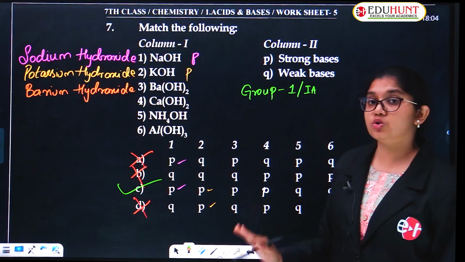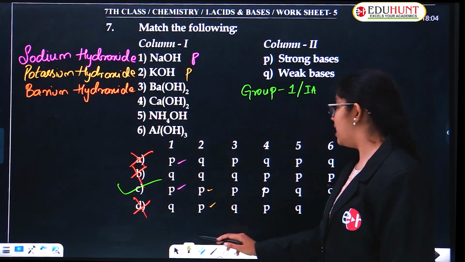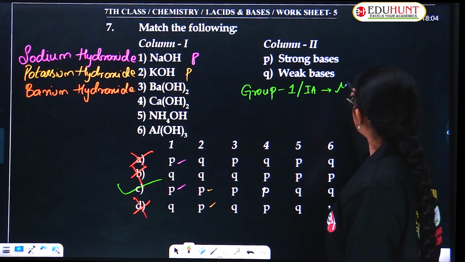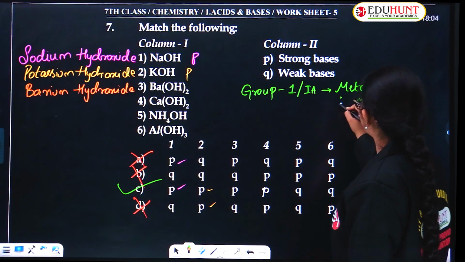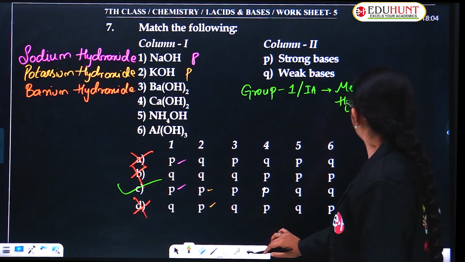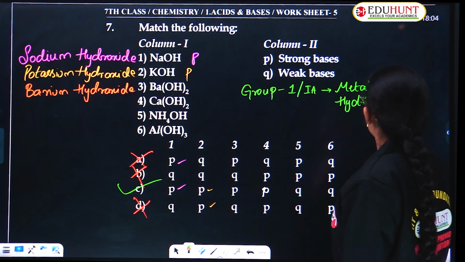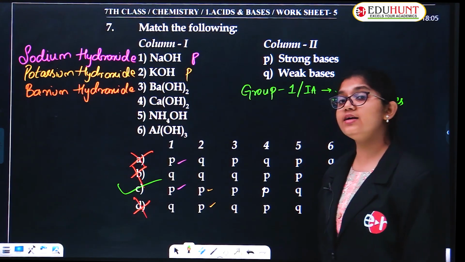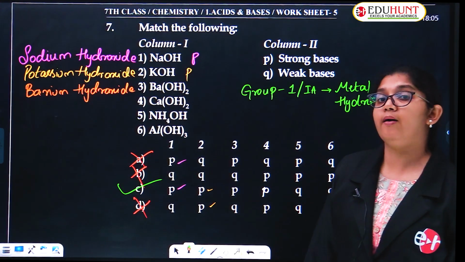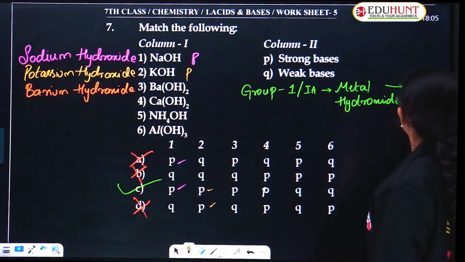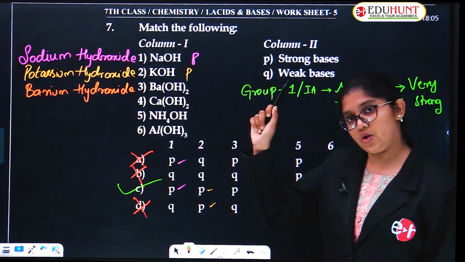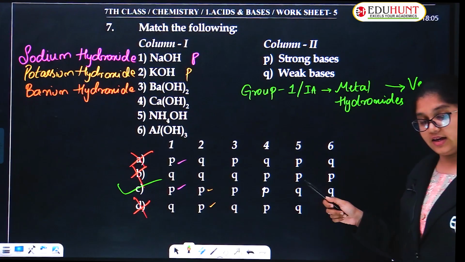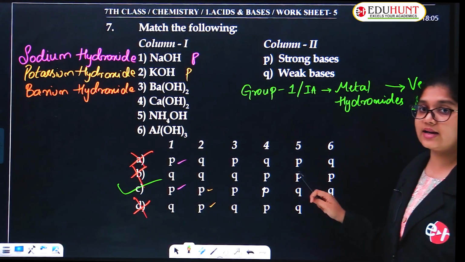Those metal hydroxides are very strong bases. Group 1 or 1A in the periodic table are very strong metal hydroxides.